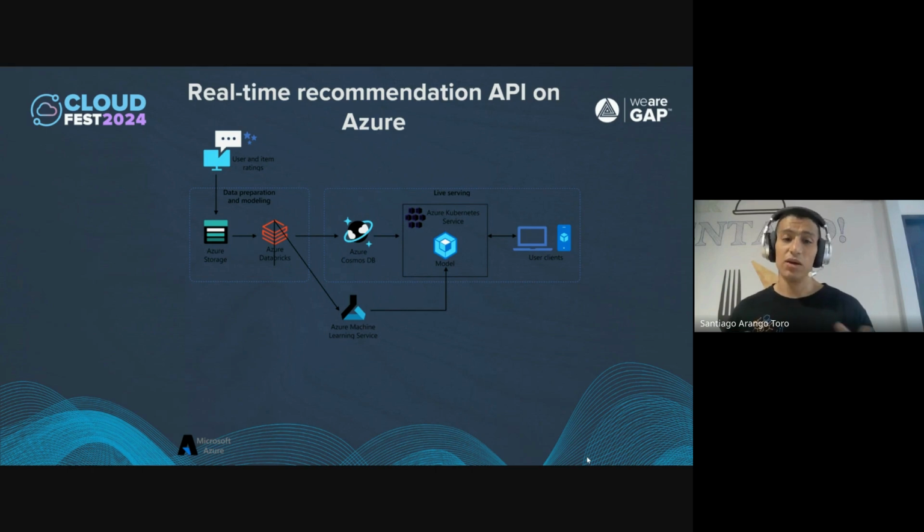From Cosmos DB, here we could have an Azure Machine Learning service that is also going to be receiving that particular information, and we can use the Kubernetes service in order to expose a model based on all this information in order to provide an output to the end user. So the output of this kind of system is based on what you are looking for.